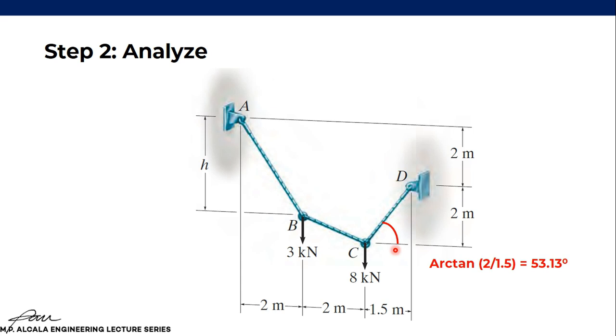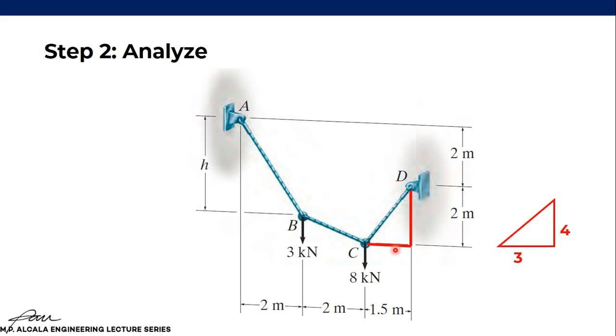Now, you may not use this because I know you are smart people, matatalino kayong mga bata. That's why we will also look at the length of 1.5 meters with the height of 2 meters. What can we see here?